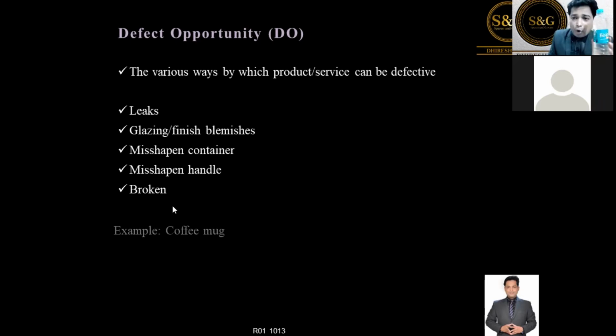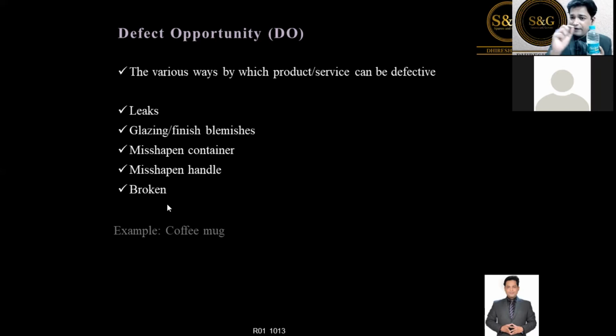So when I produce 1 lakh bottles, I have produced 10 lakh defect opportunities. There are 10 lakh types of defects which can occur. And out of 10 lakh, if I measure 3.4 defects, that means my process is a Six Sigma process. Clear? So defect opportunity is the various ways in which a product or service can be defective.